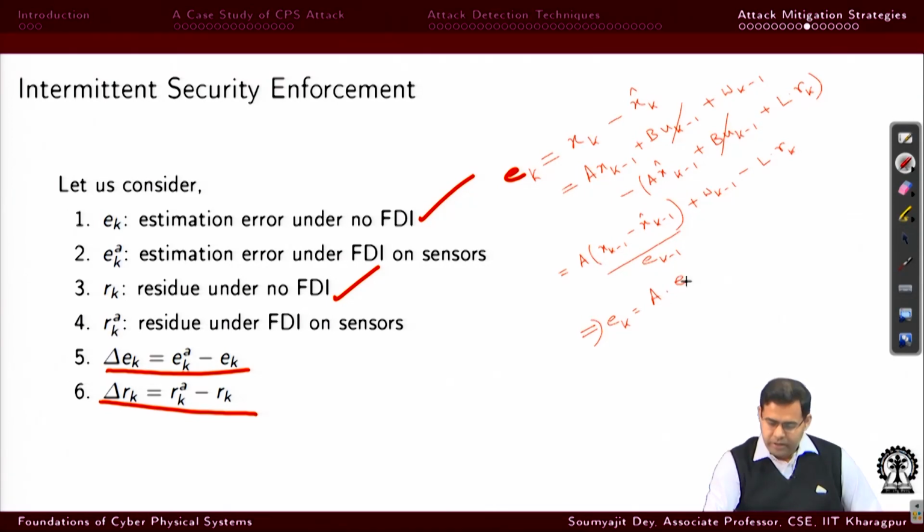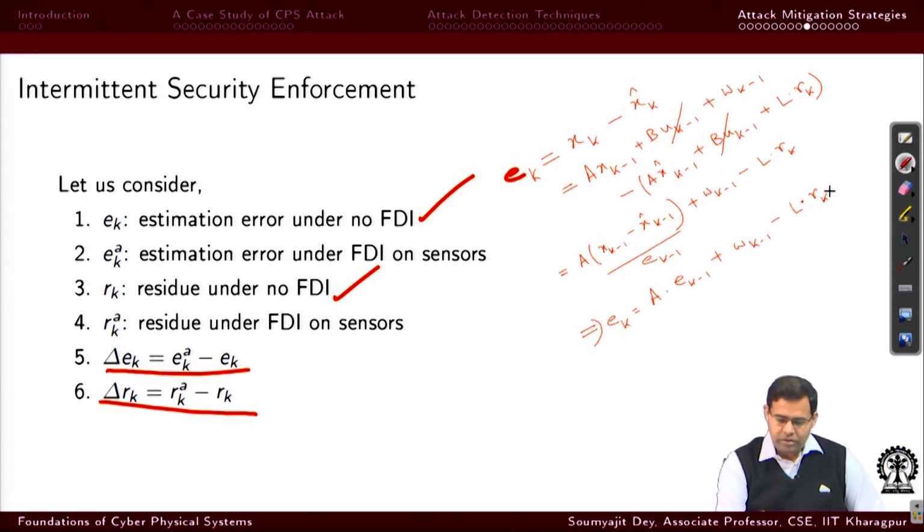This is a recurrence equation on the error with respect to the previous error and the process noise in the previous iteration, and this is a system property L, the observer gain, and the residue in the current iteration. So, that is your computation of error.